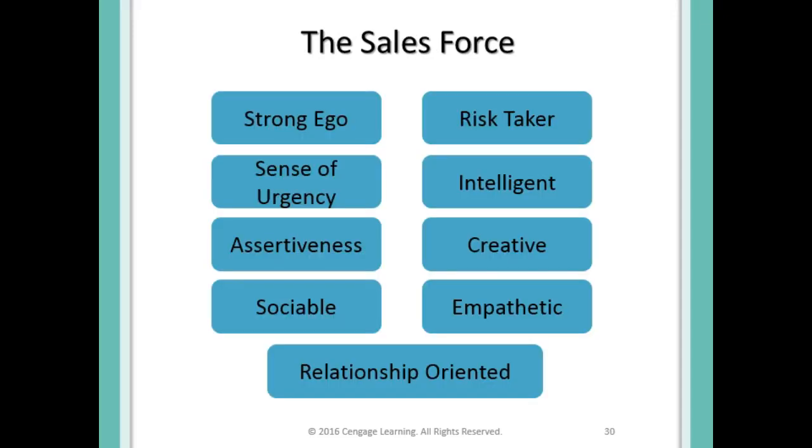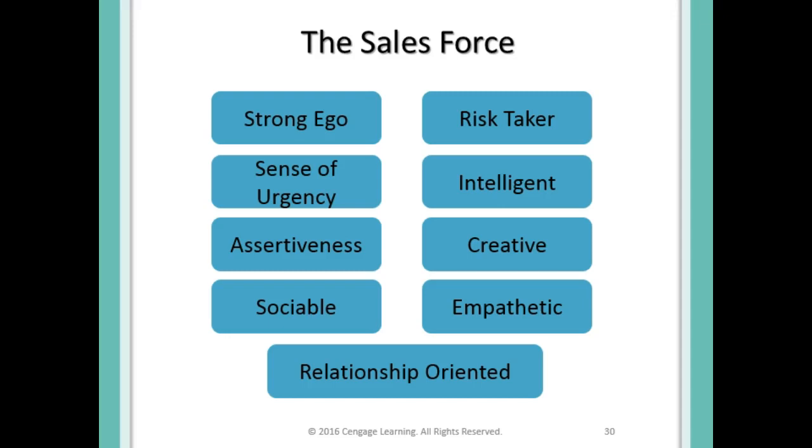Now, when you're recruiting people to be in sales, you have to make sure you get to know who the person truly is. A lot of times when people are applying for a job, they can put on a false front, pretending to be the person the company wants just to get the job.